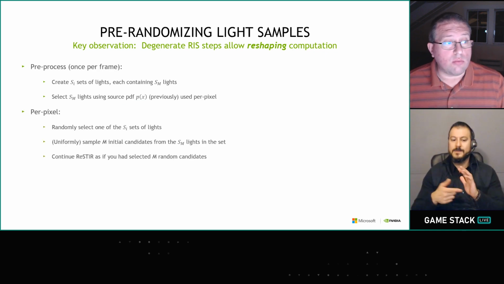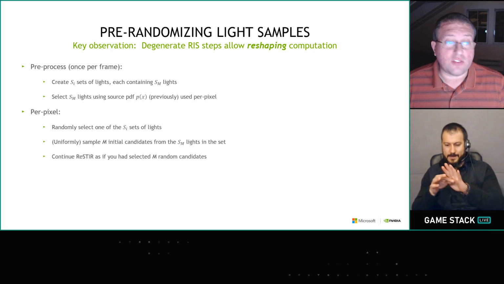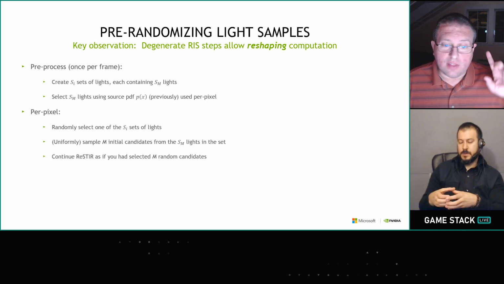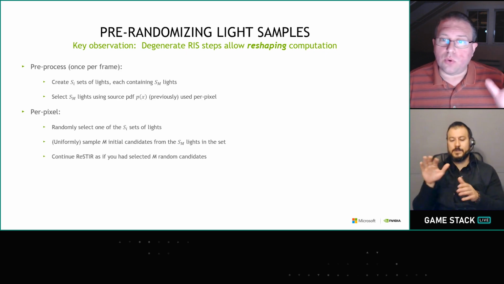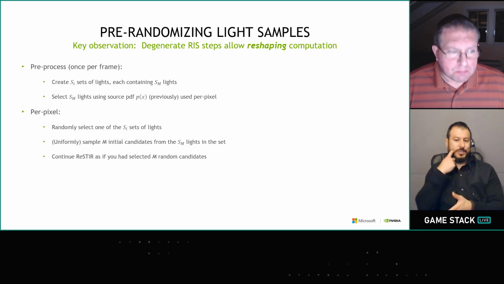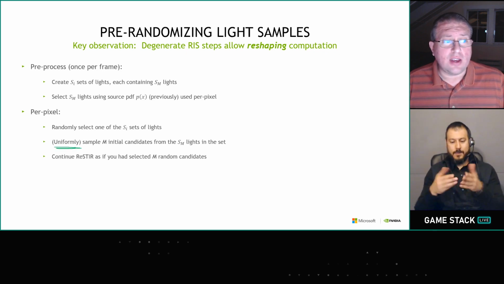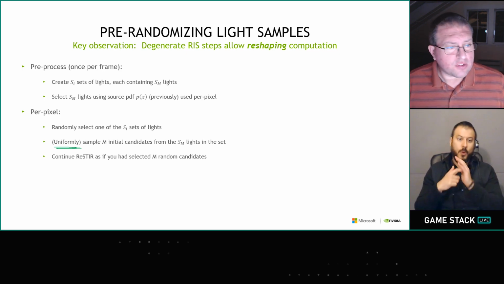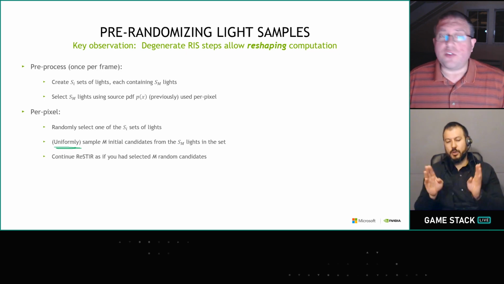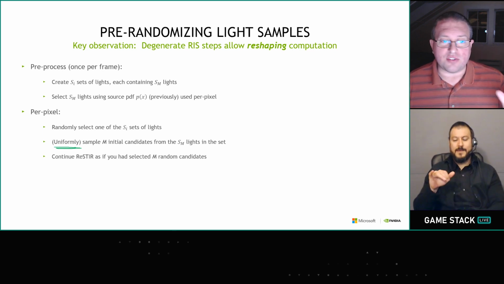Then, when we render per pixel, we randomly pick just one of these pools of lights, and that pixel will select m lights from the small pool that we just selected. Because the PDFs are the same, it turns out we sample uniformly, although that's not strictly required in a more general version of this. But then once we're done with that, we can continue ReSTIR as if we had selected those m random candidates from the entire universe of lights.